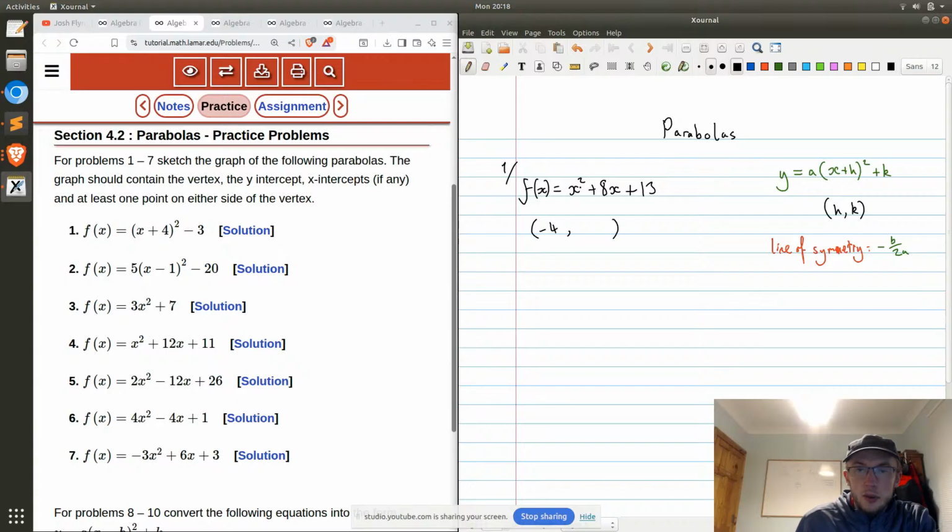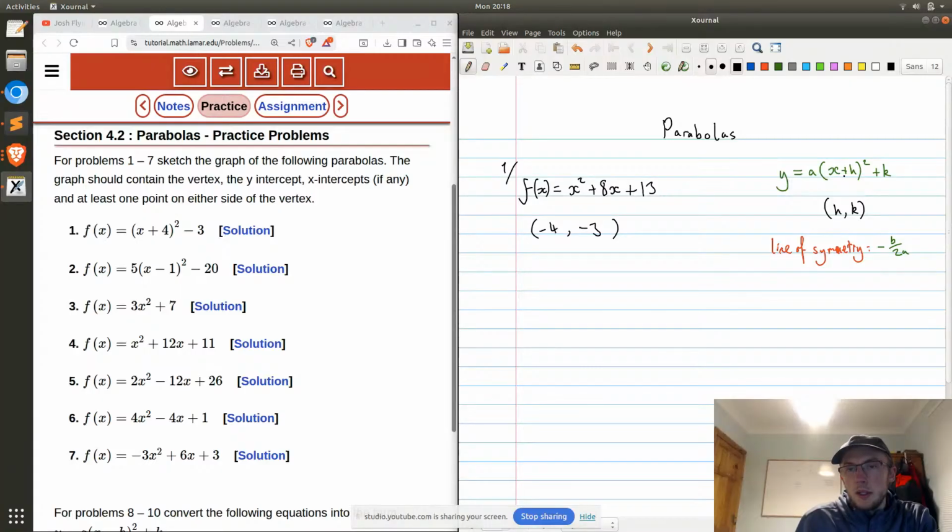And for the y-coordinate, let's see. Well, if we plug in negative 4, we get 16 minus 32, which is minus 16, and then plus 13, which is minus 3.